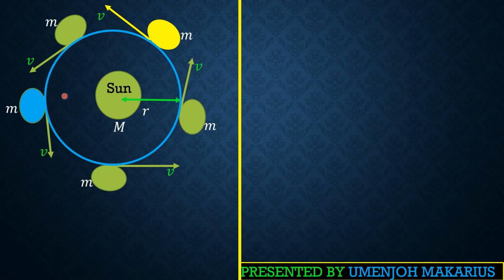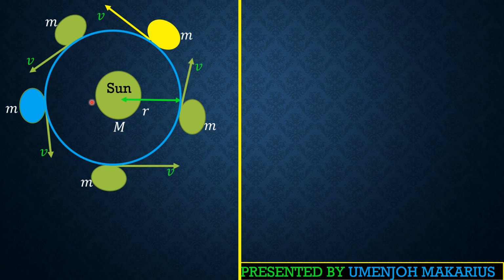But for planets orbiting the sun, what provides the centripetal force that keeps the planet in position is the gravitational attraction.